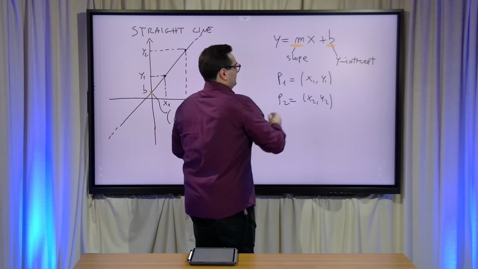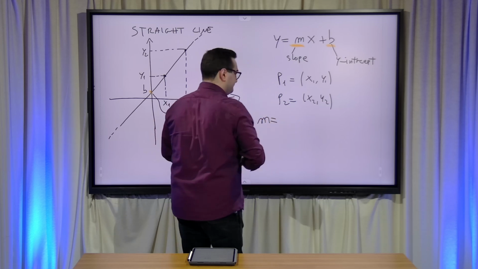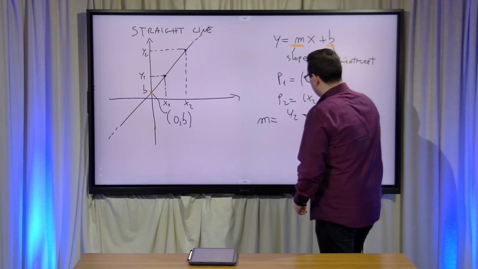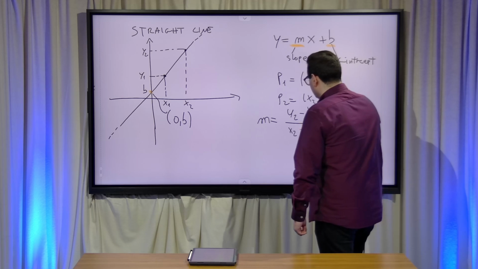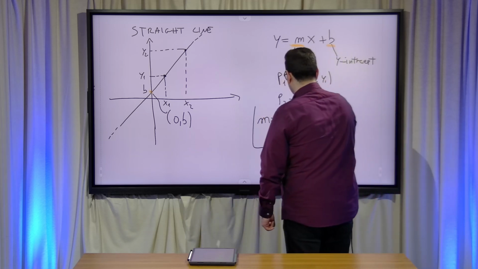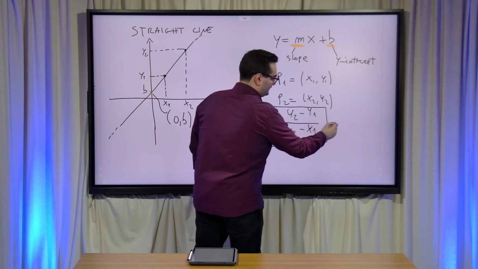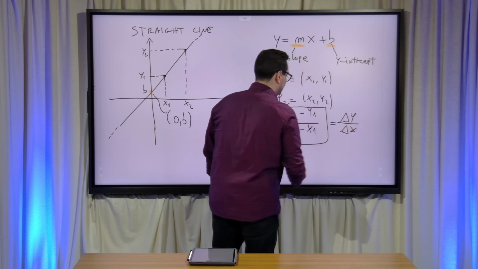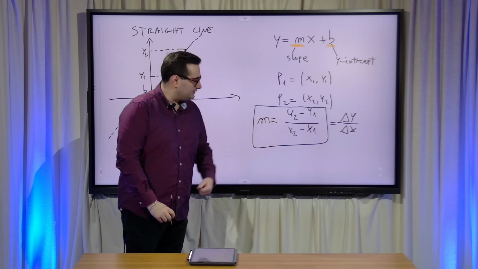I can get this m, the slope of this line, with this formula: y2 minus y1 over x2 minus x1. So this is equal also to delta y over delta x. So I can express the slope of this line as this ratio.